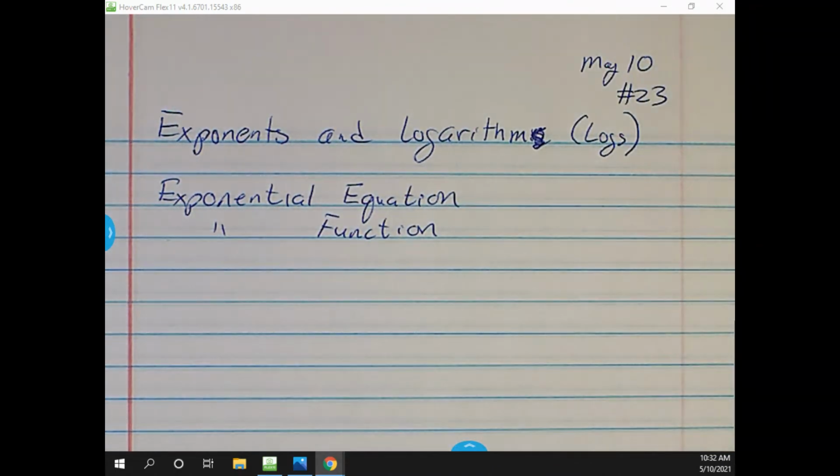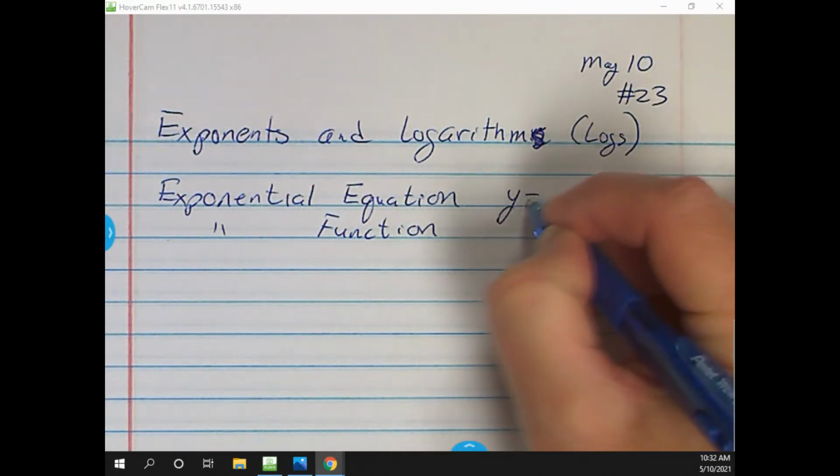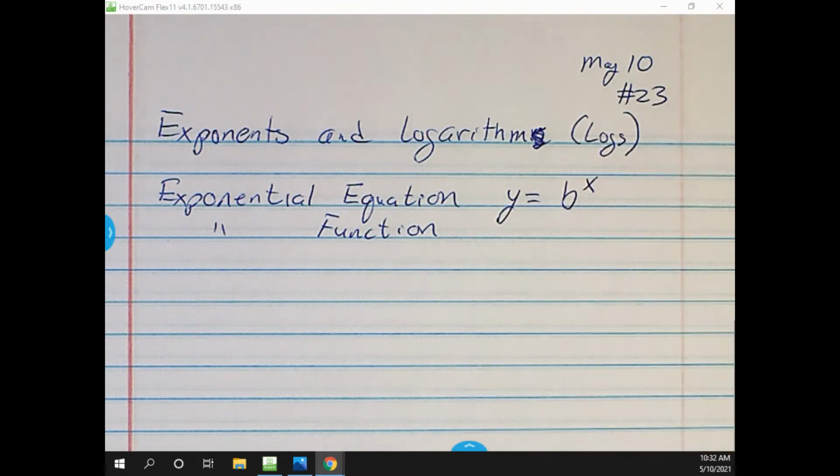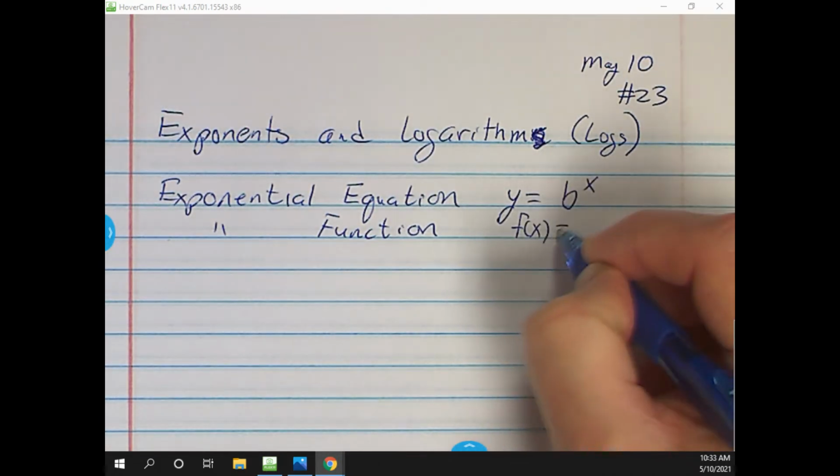They're still basically the same thing, just a little bit different. For an exponential equation, it's y equals b to the x power. And for an exponential function, instead of y equals, it's f of x equals.